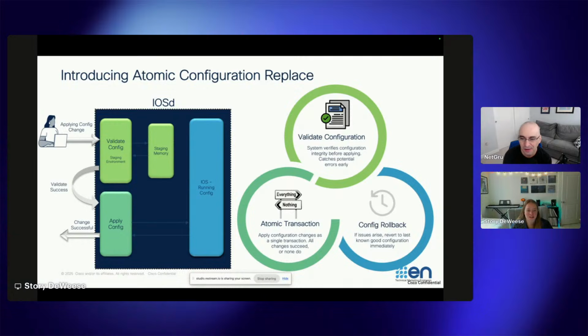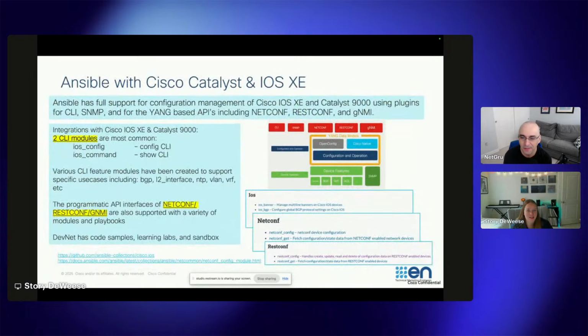Yeah, just a couple more things on the agenda here. Along these same lines of atomic config, atomic replace. So Ansible, we've talked about briefly, right? It's a tool that you can use to configure your devices. Ansible itself is not new to IOS XE, but what is new is the netconf and atomic capabilities.